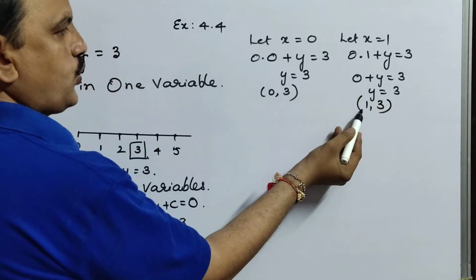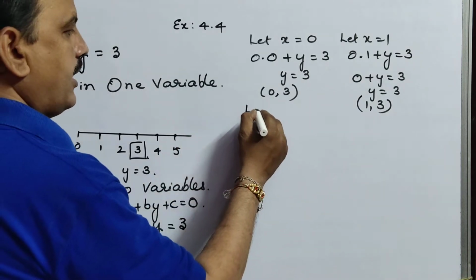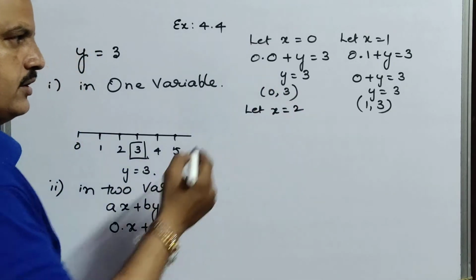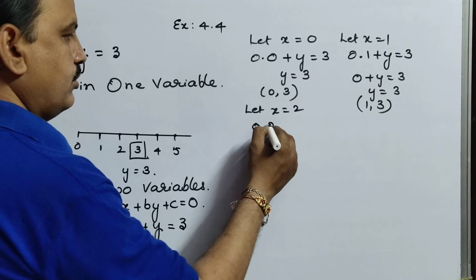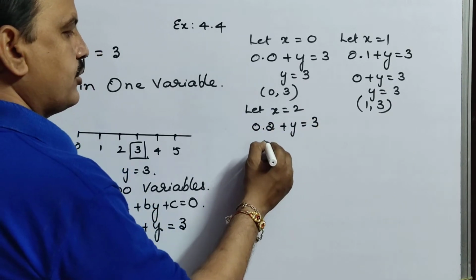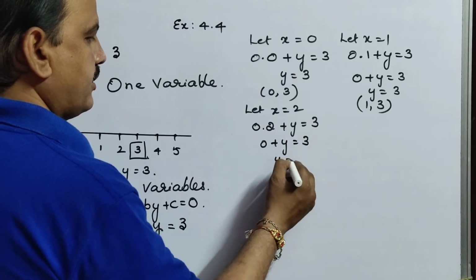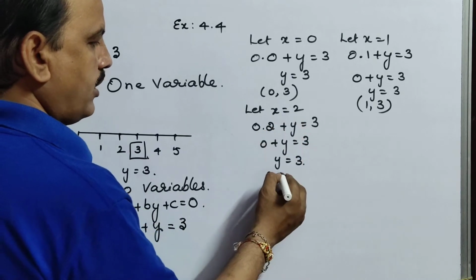That means x is 1, then y is 3. Take one more point. Let x equals to 2. Then again substitute in this only. 0 into 2 plus y equals to 3. 0 into 2 is 0 plus y equals to 3. That is y equals to 3, nothing but 2 comma 3.